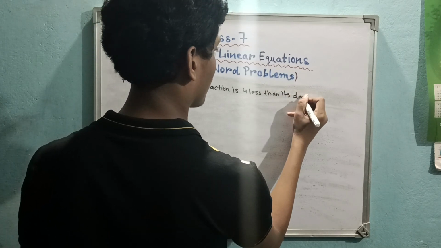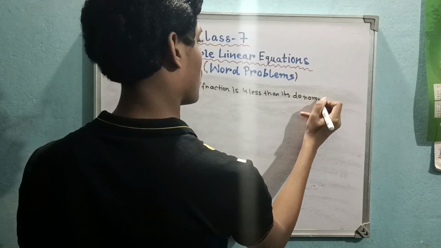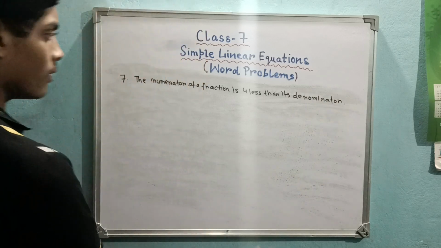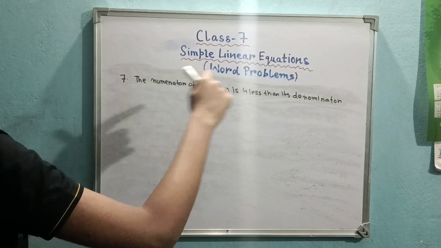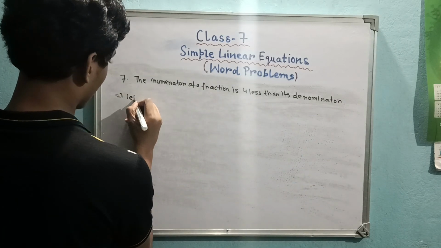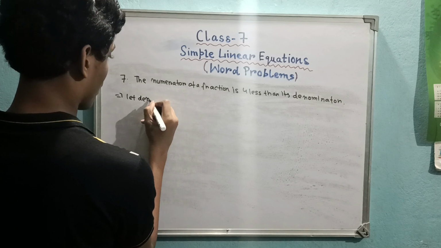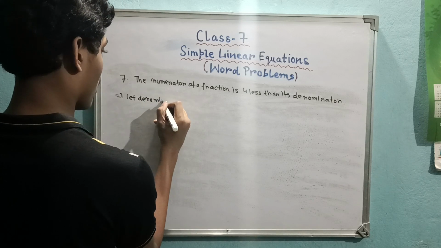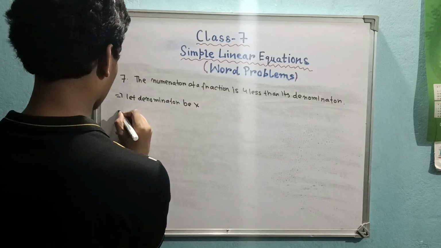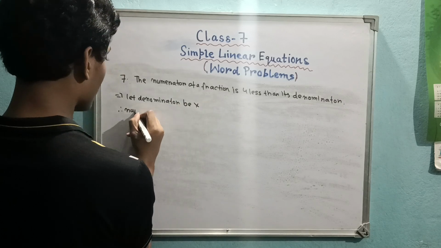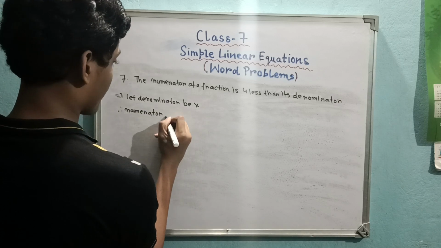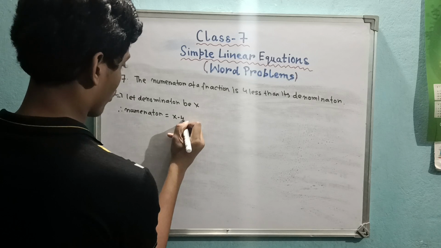So let us do it step by step. Here, numerator of a fraction is 4 less than its denominator. Let denominator be x. Therefore, what is numerator? 4 less than its denominator. That means x minus 4.